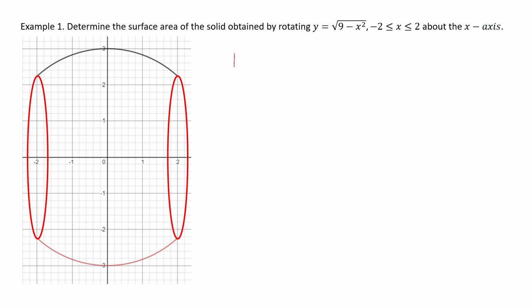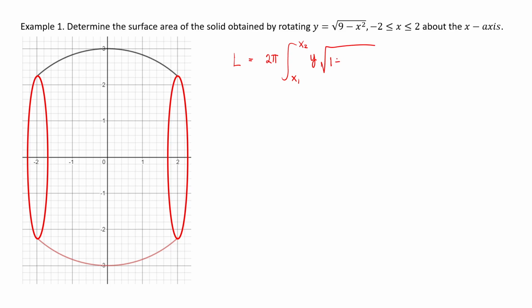Again, by formula, that will be 2 pi, from x1 to x2. Since we are rotating about the x-axis, the radius will be the y, that will be perpendicular to the axis of rotation.